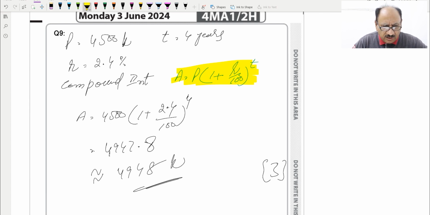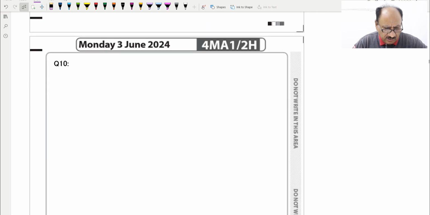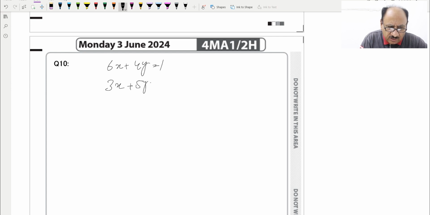Now question number 10 is here. Question number 10 is a simultaneous equation. We need to solve 6x plus 4y is equal to 1, and the second equation is 3x plus 5y is equal to 8. So to equalize the coefficients of x, we can multiply the second equation by 2, and we will get the first equation as it is.